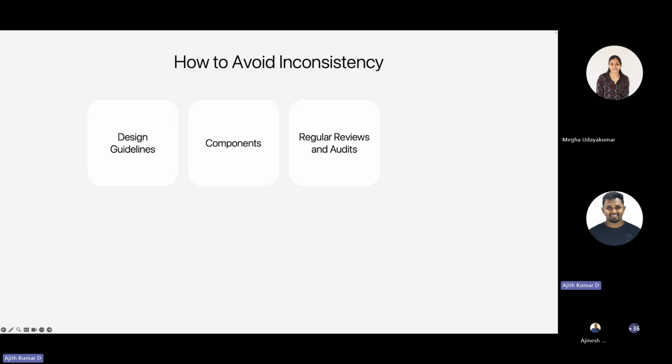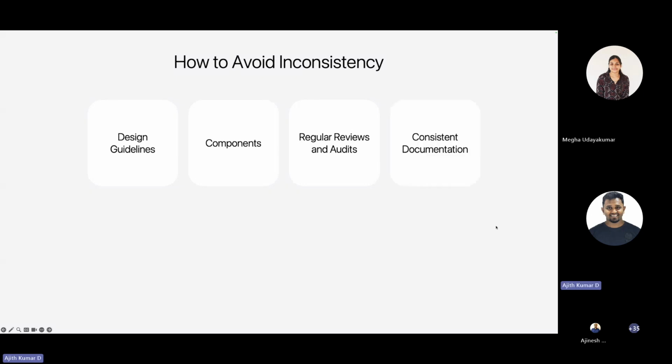Regular design reviews are like checkups. We get feedback from teammates and sometimes from people outside our team, writing down what people say and making changes based on it. We keep our design consistent and always try to make it better.